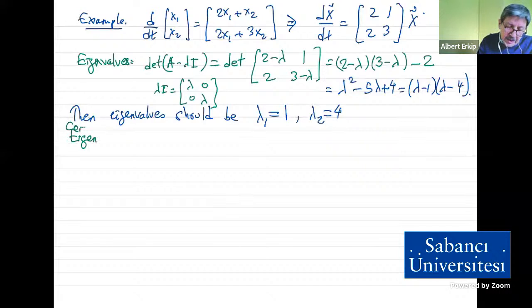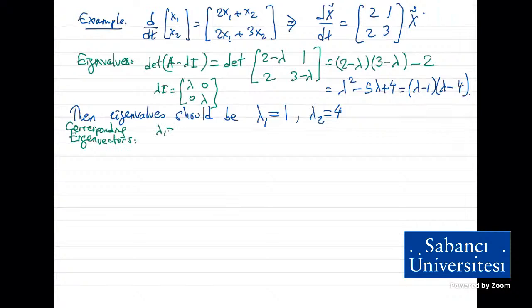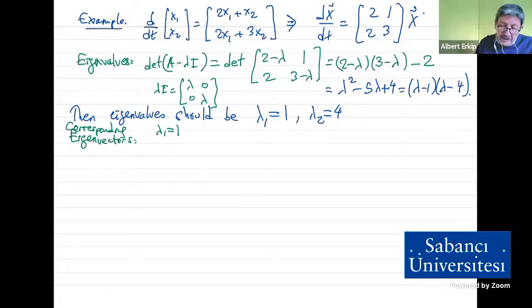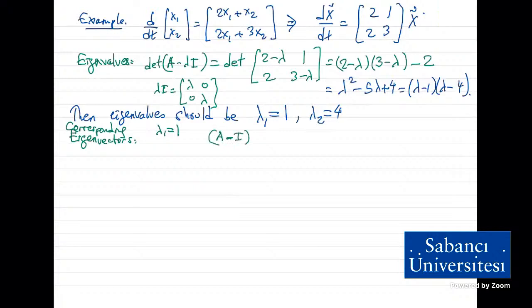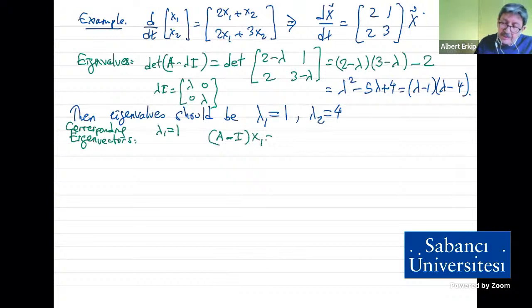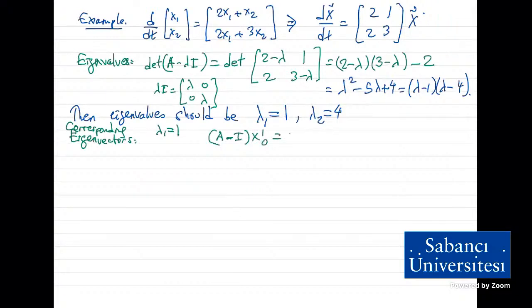I should say corresponding eigenvectors. So I start with lambda 1 equal to 1, and I want to solve (A minus I) times the vector equal to 0.